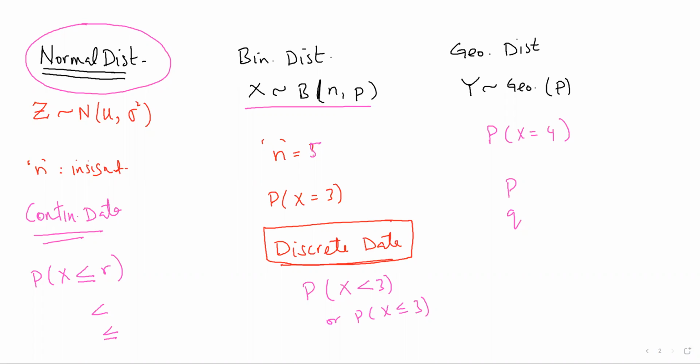Now, coming to the point: why do we call this a normal distribution? Guys, listen. Suppose I give you a test out of 30 marks, the maximum marks being 30.